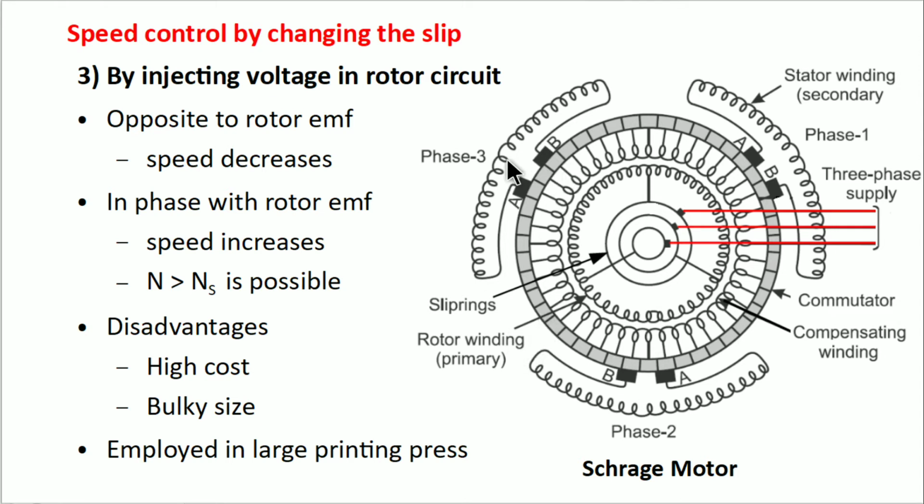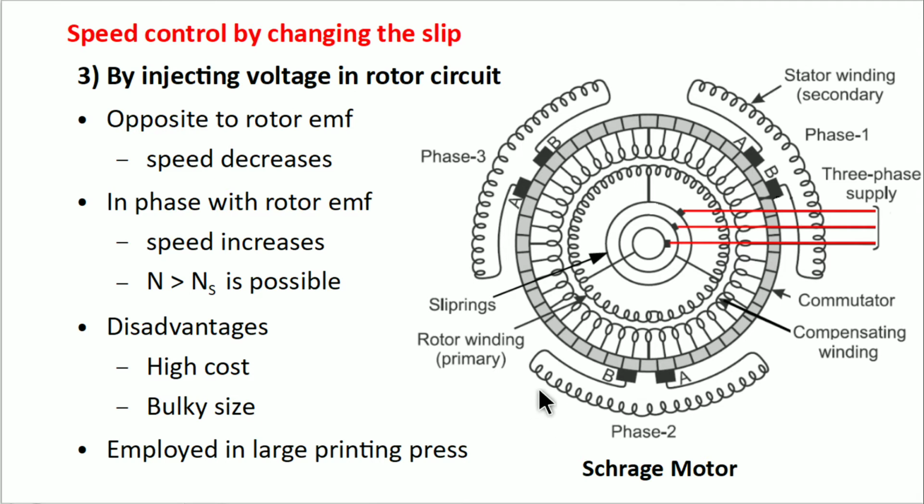So through these brushes, the EMF is injected in this winding, which is in addition to the EMF induced due to induction by the rotating magnetic field produced by these three-phase windings.